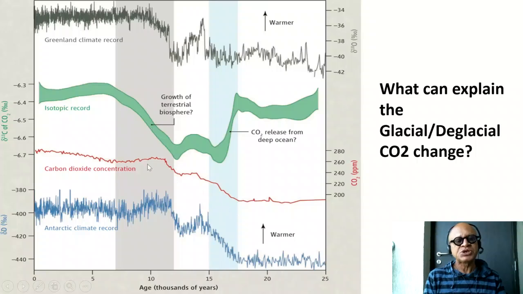So does it match here? Not quite, right? So maybe human beings, agricultural communities, and so on have had a bigger impact already on CO2 concentration starting here at the end of the last deglaciation.